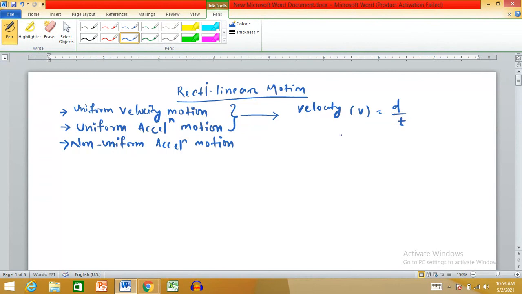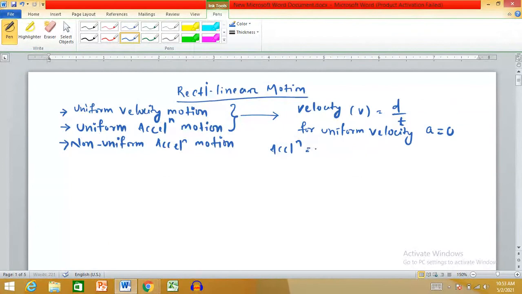And for uniform velocity, our acceleration is always equal to zero, because what is the formula for acceleration?